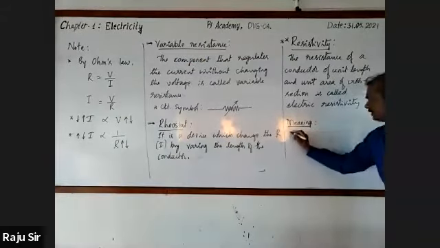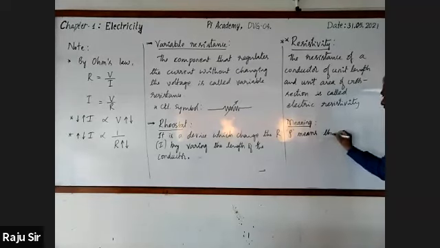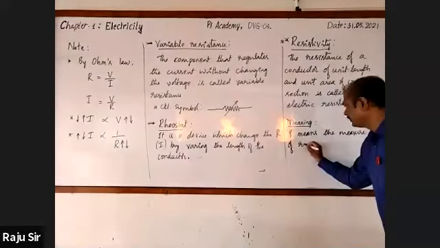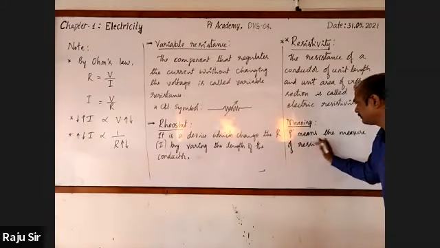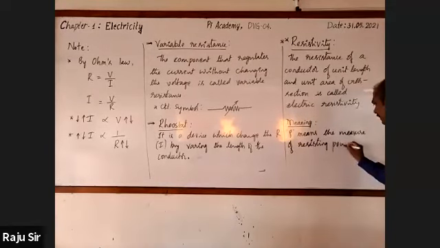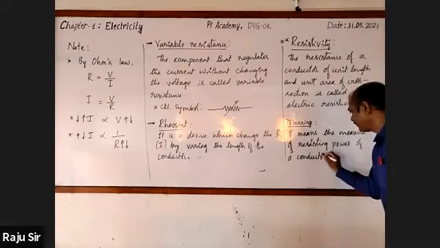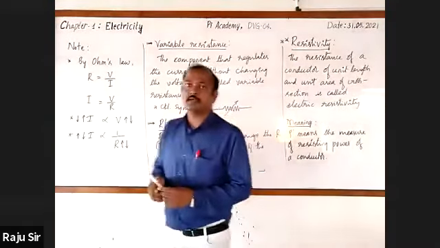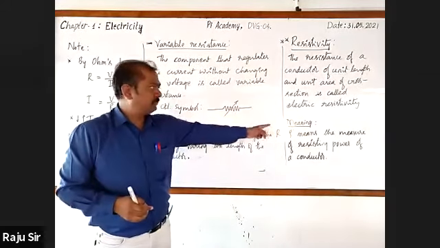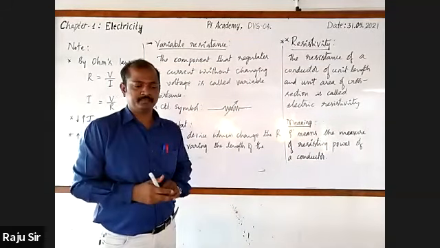Electric resistivity, that is rho, means the measure of resisting power of a conductor.